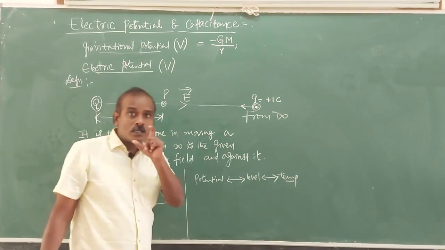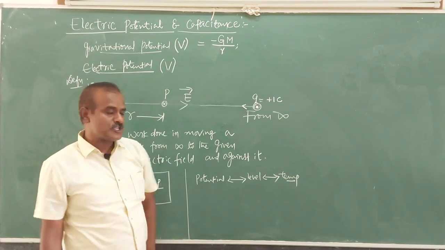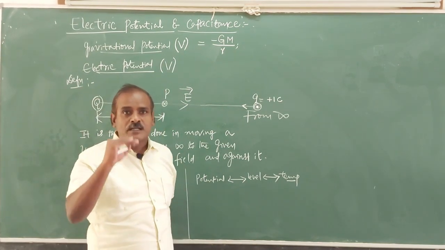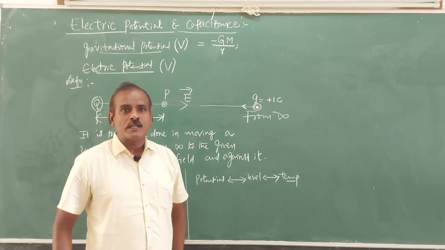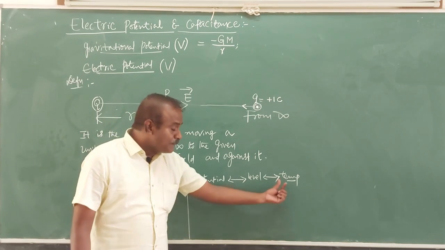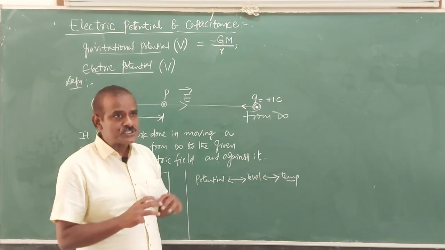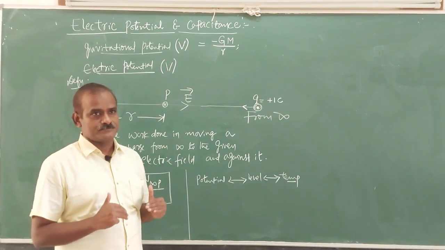These are analogous terms, whether electric potential or gravitational potential: level of water in a vessel, level of liquid in a vessel, temperature of a body.